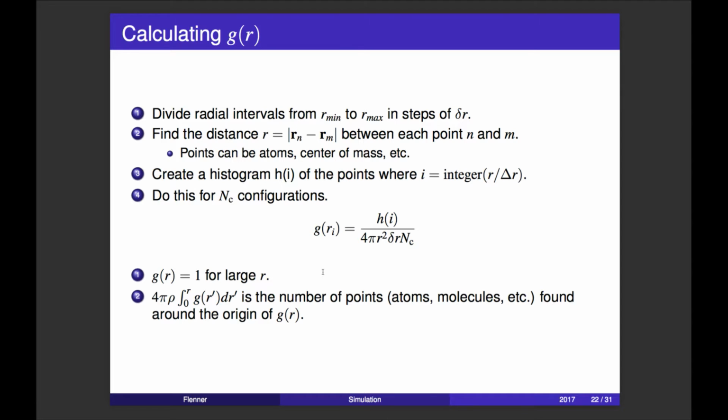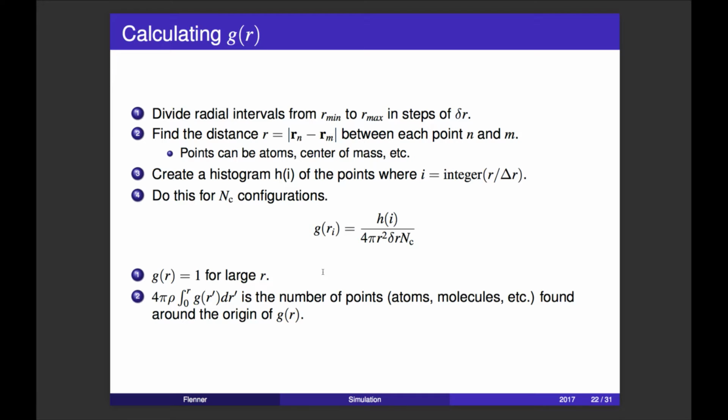So take the integer, whatever this division is, and you get a number, 1, 2, 3, 4, 5, maybe 0. And then you add 1 to these histogram bins for every time you get that. You do that for each one of your configurations. You divide it by this normalization, and you get G of R.